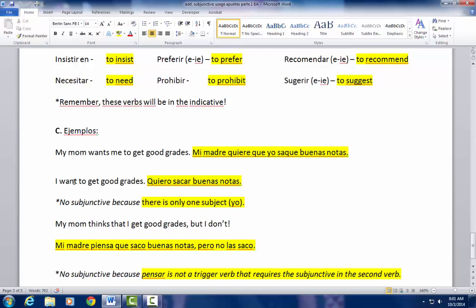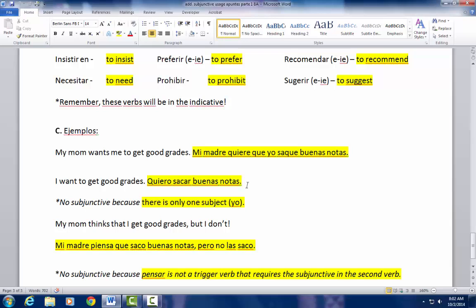However, let's look at this next sentence. I want to get good grades. Right off the bat, you should be saying, I only see one subject. How am I going to write this then? I want, quiero, to get, sacar, good grades, buenas notas. This does not follow the S1, V1, K, S2, V2 formula because it's not a subjunctive sentence. There's only one subject present, and that's yo.